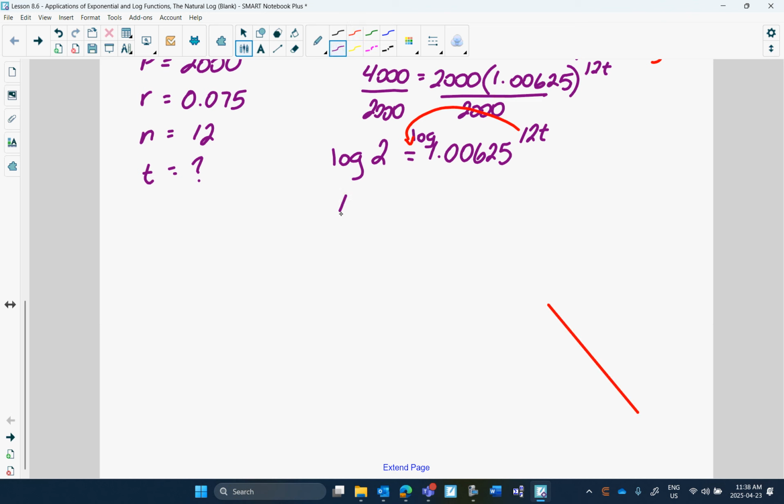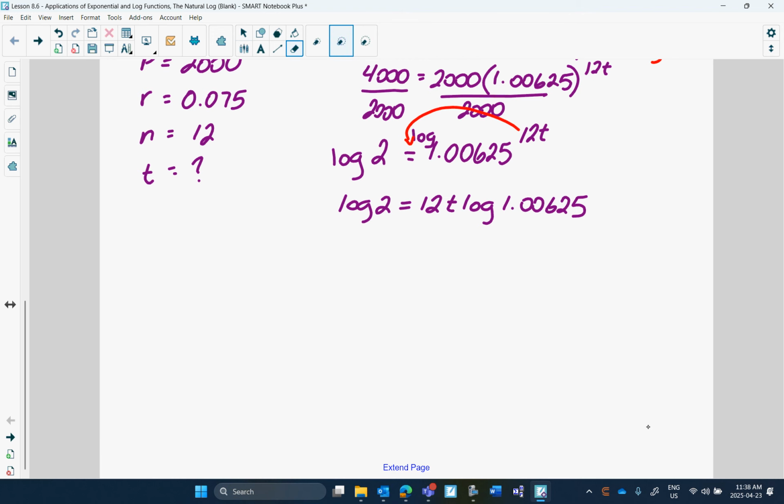So that means I'm going to get log 2 equals 12t log 1.00625. I've brought the t down from the exponent. Now I just have to divide away what's beside the t, right? Because isn't this times 12? How do I get rid of that? Divide by 12.